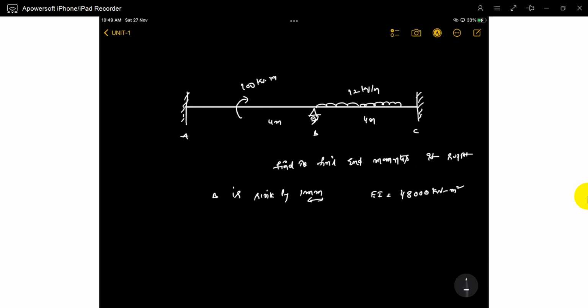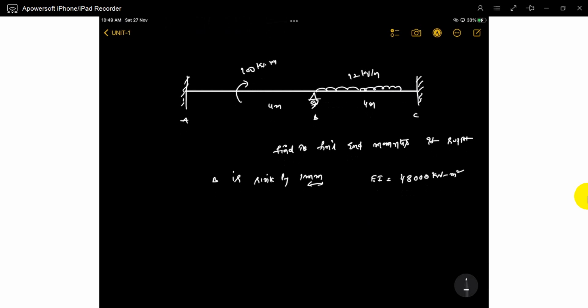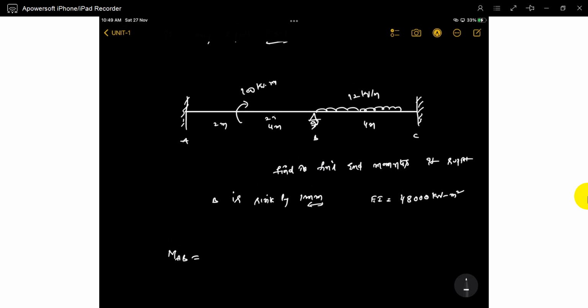What we did in the moment distribution method, we are doing here also. In moment distribution, in the fixed end moments only, we took the moments developed by the support settlements also. See, what is MAB? MAB you already know. If the concentrated moment is acting exactly at the center, what will happen?